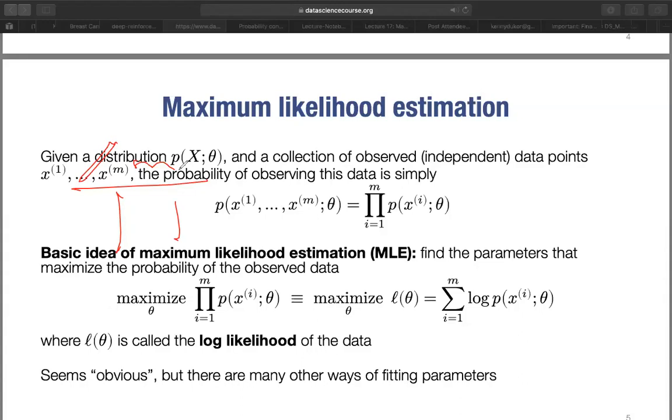So what we are saying basically is that we want to maximize the probability of this observed data here, right? I don't know if you get what I'm trying to say.